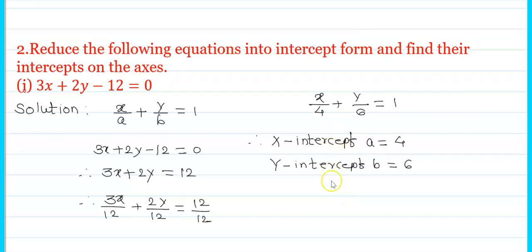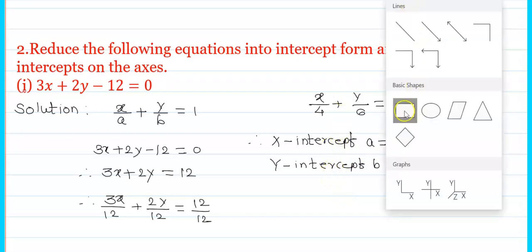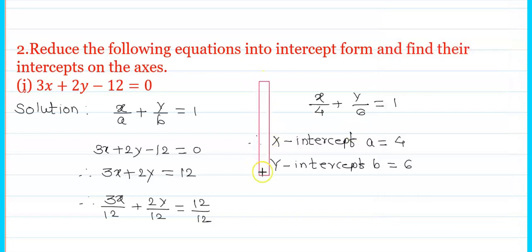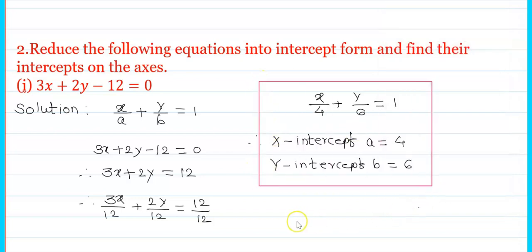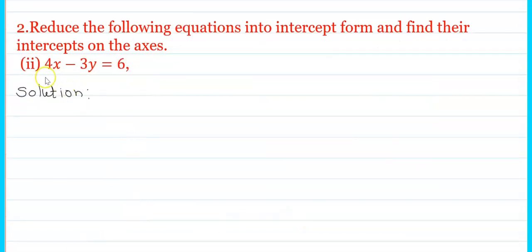Okay, and this is the answer. Now the next problem. Now the next equation is 4x - 3y = 6.